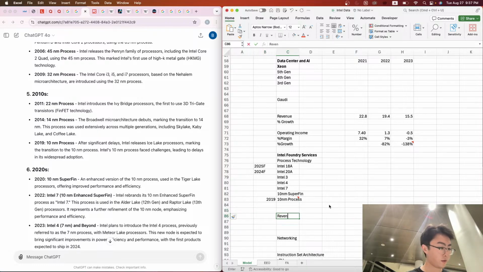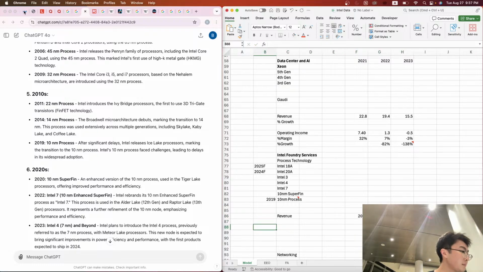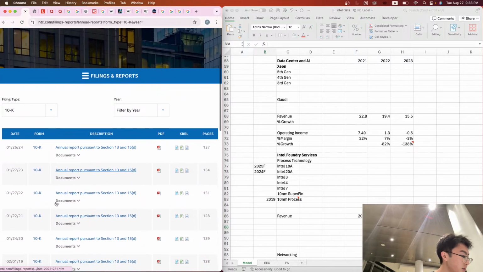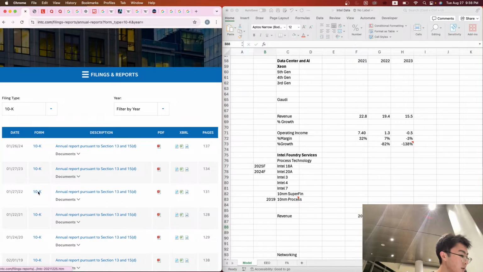Let's see, revenue. Then 2021 to 2023. Then also operating income. So take a look at the 10Ks in the previous years. See if we could crack this one open.